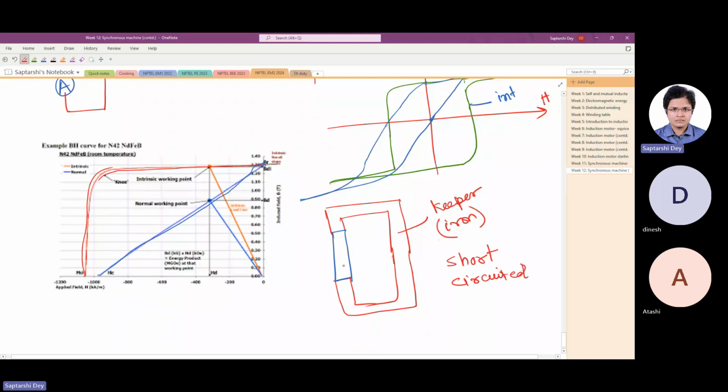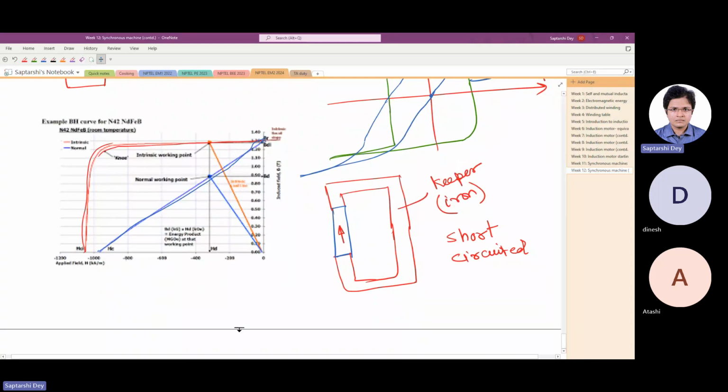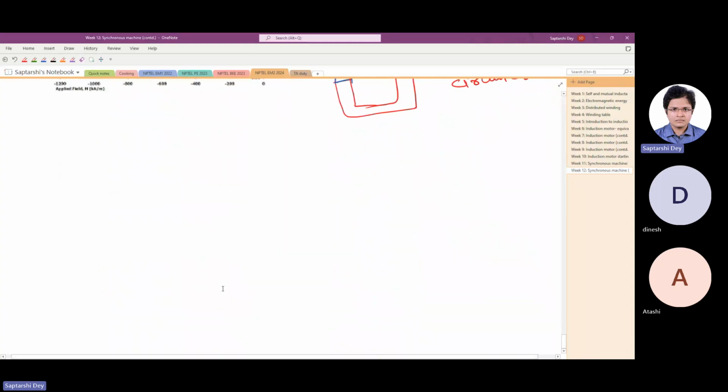A magnet is nothing but a current source. We many a times draw electrical equivalent circuits of magnetic circuits. The battery equivalent is a solenoid, the voltage equivalent is mmf, and the current source equivalent is a permanent magnet.